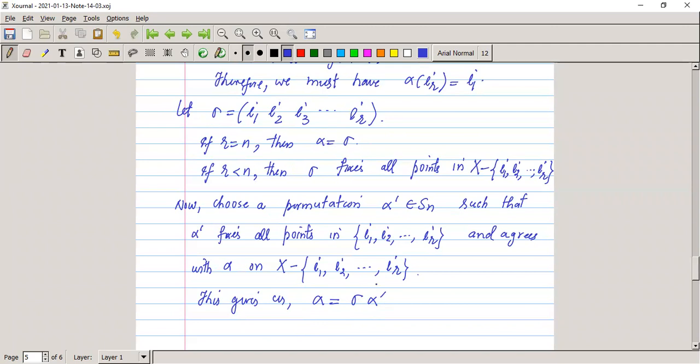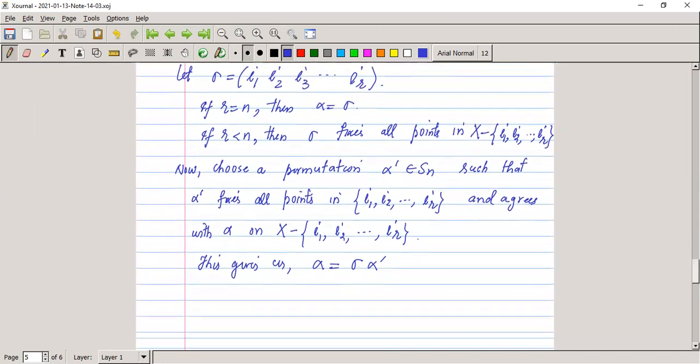Alpha dash is a permutation which fixes everything in the set I1, I2, IR and agrees with alpha on the rest. So the permutation alpha can be written as sigma into alpha dash. Since R is less than n, and sigma is not a one cycle, it contains at least 2 points. This means that alpha dash is a permutation which is smaller than alpha.